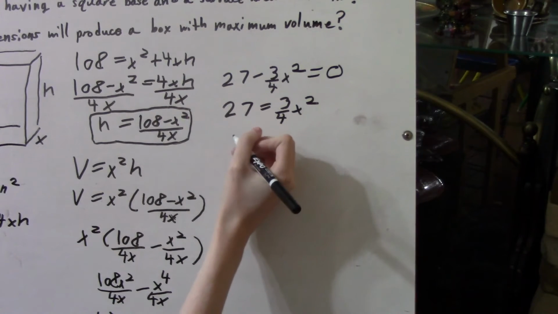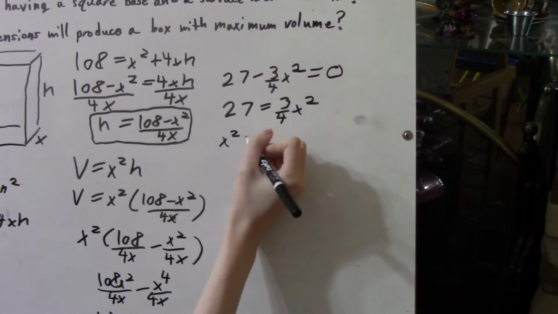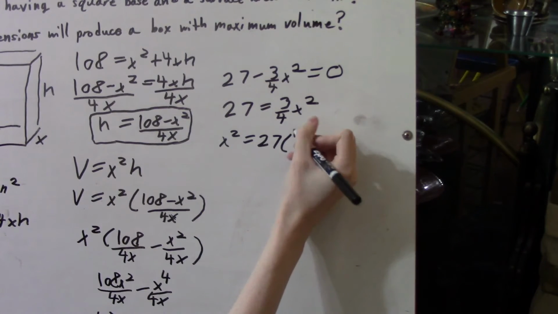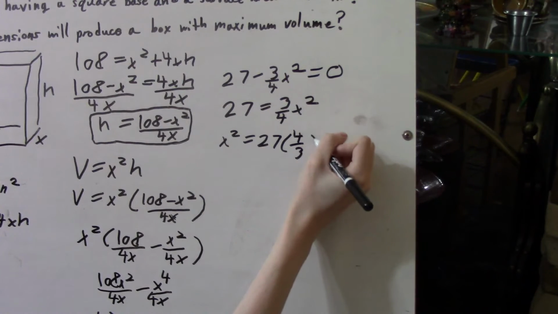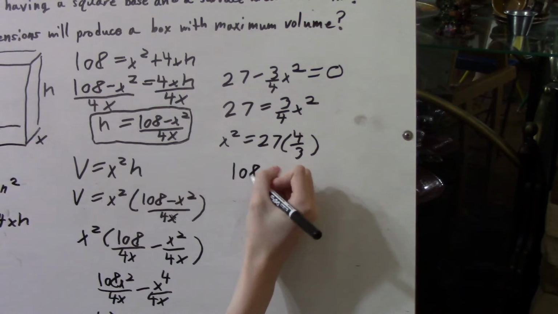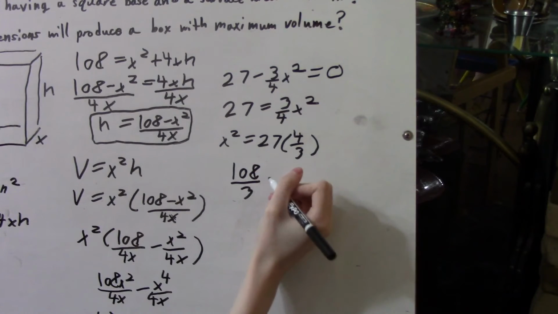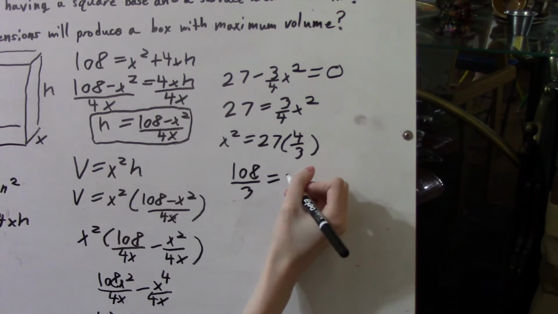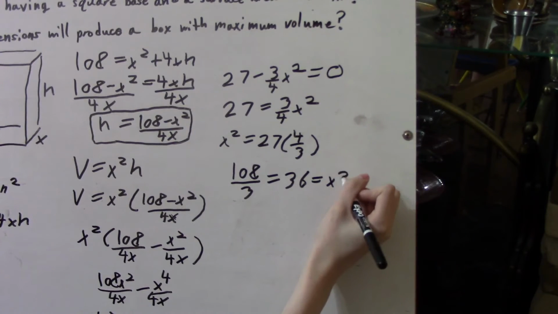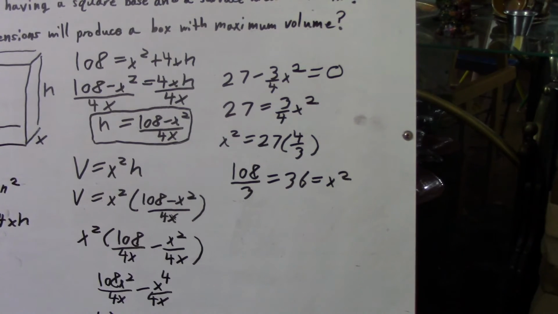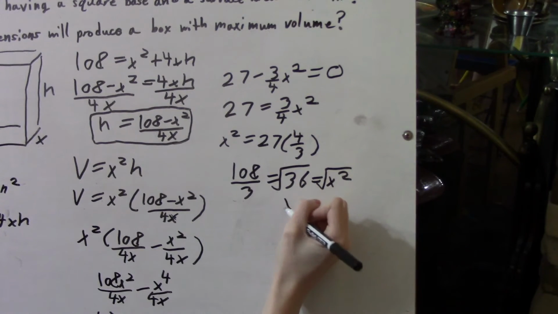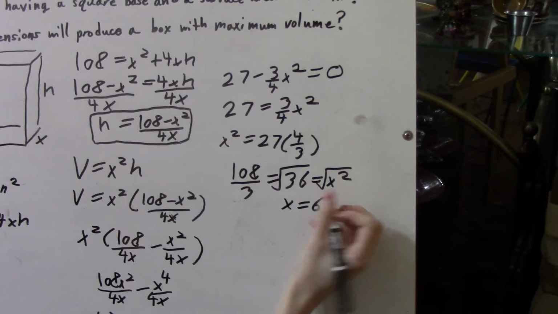So you would get x squared equals 27 times 4 over 3. 27 times 4 is 108 over 3 is equal to 36, which is equal to x squared. And then we just take the square root of both sides to get x is equal to 6.